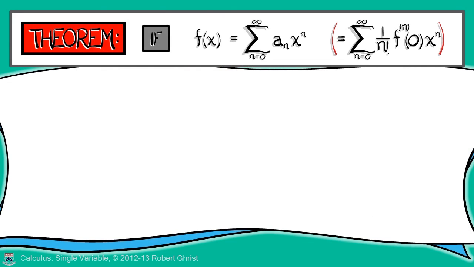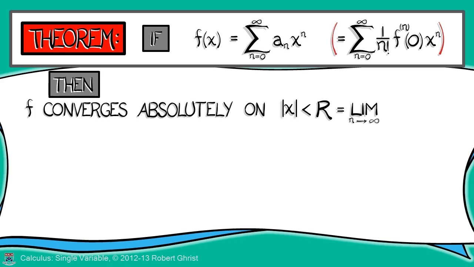If we have a power series of the form a sub n, x to the n, and we call that f of x, perhaps this is a Taylor expansion about 0. Then f converges absolutely for values of x that are within r of 0, where r is the radius of convergence, the limit as n goes to infinity of a sub n over a sub n plus 1 in absolute value.